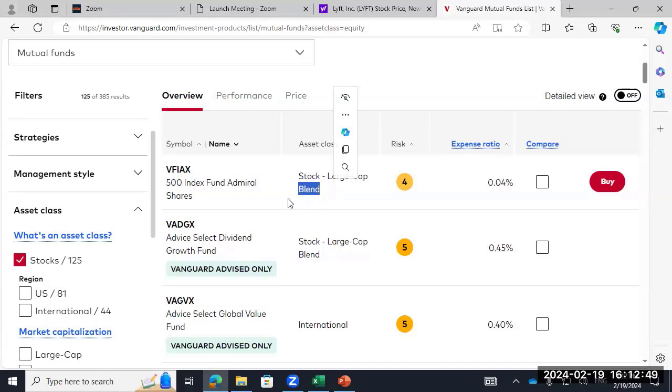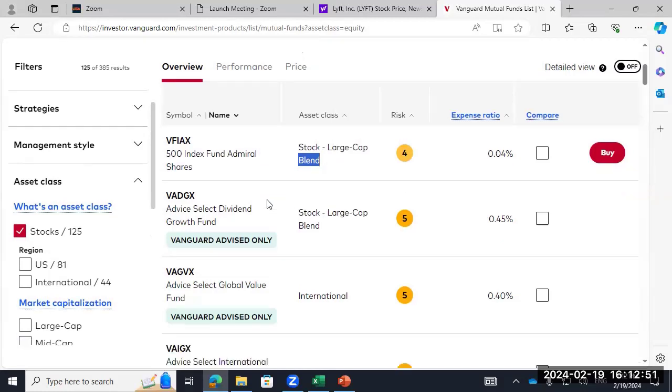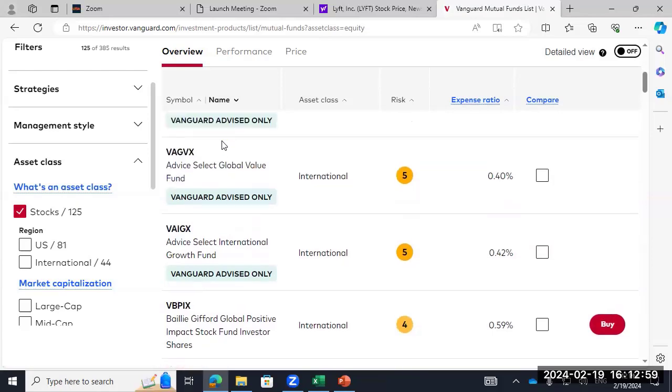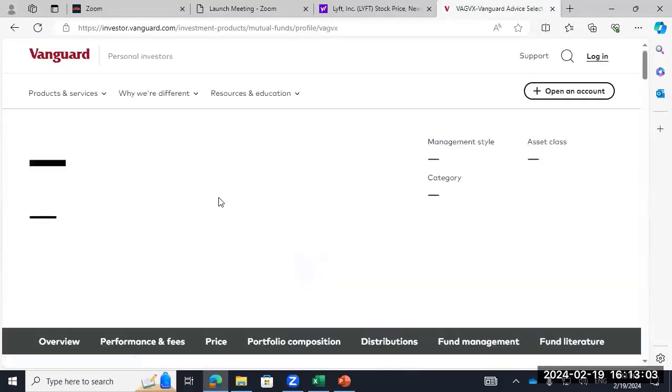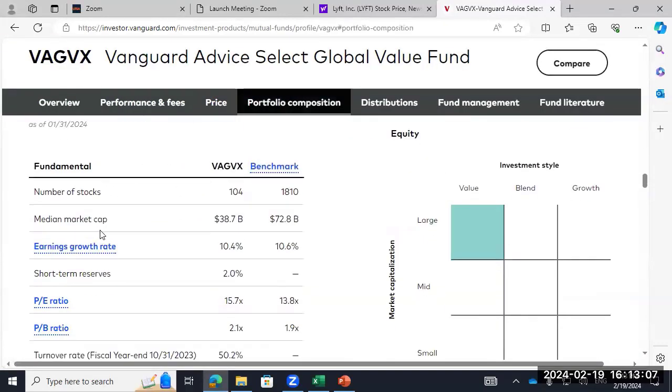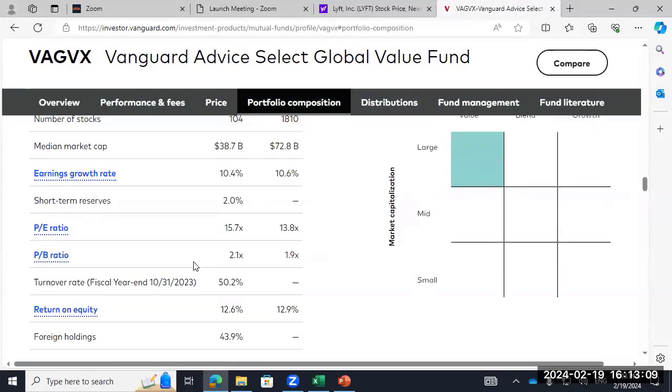Blend has to do with growth versus value. A bunch of S&P. Here's a global fund. So a global fund's going to have US in it. They say it's an international class, but if you see global, when you click on it and you go to composition, there should be US stocks in there.